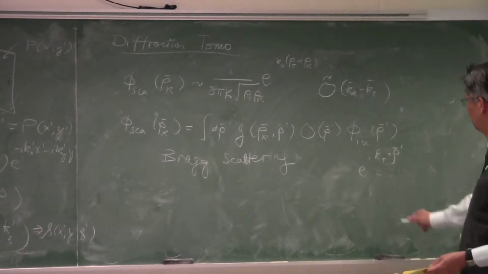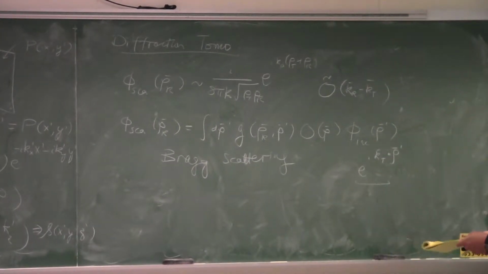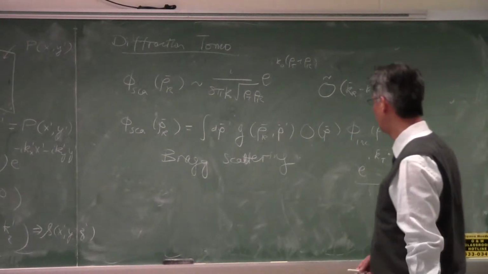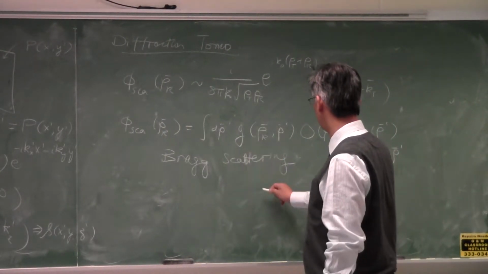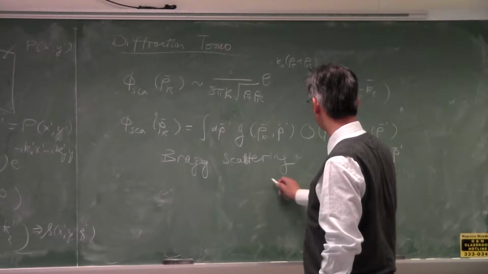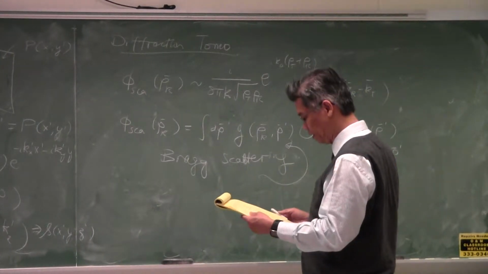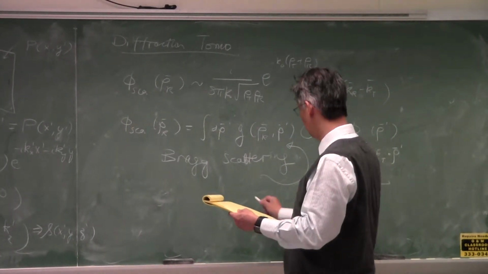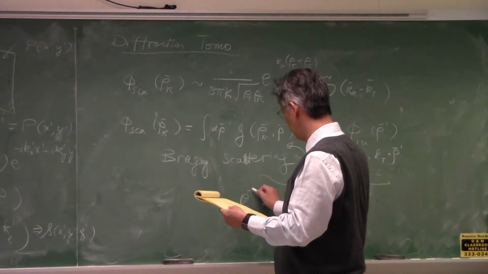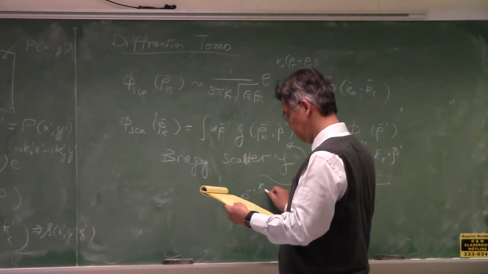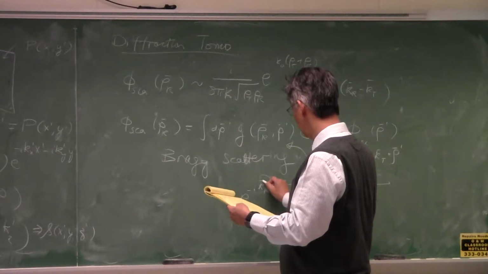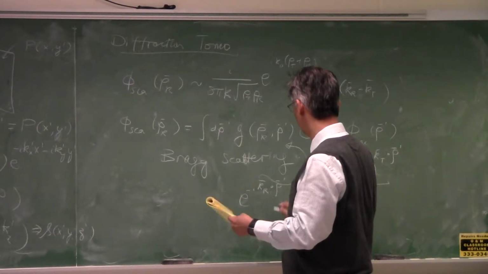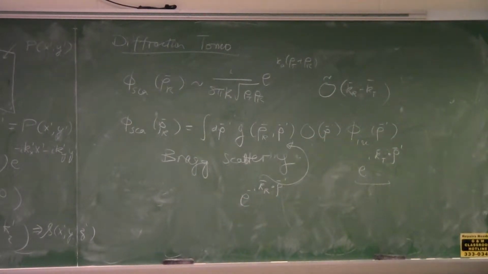Okay, so this appears to be like a plane wave, and then we make this thing in the far field approximation so that this part also looks like a plane wave finally, and it will have a plane wave part that looks like e to the i Kr dot rho prime. Okay, so you know what Bragg scattering is?